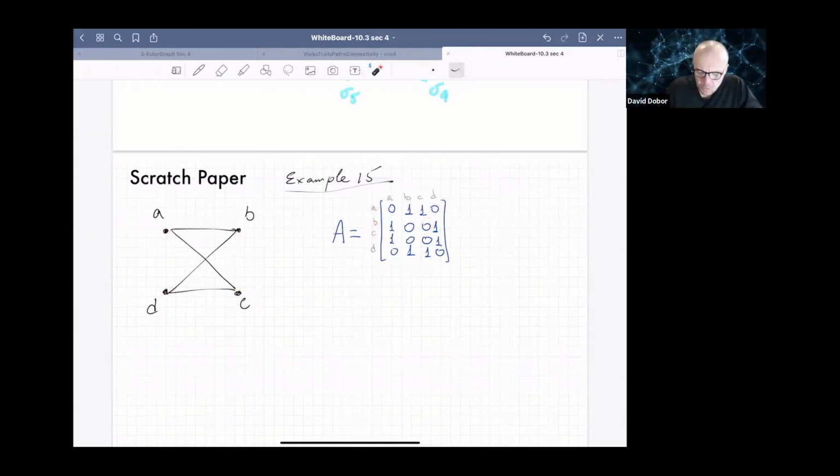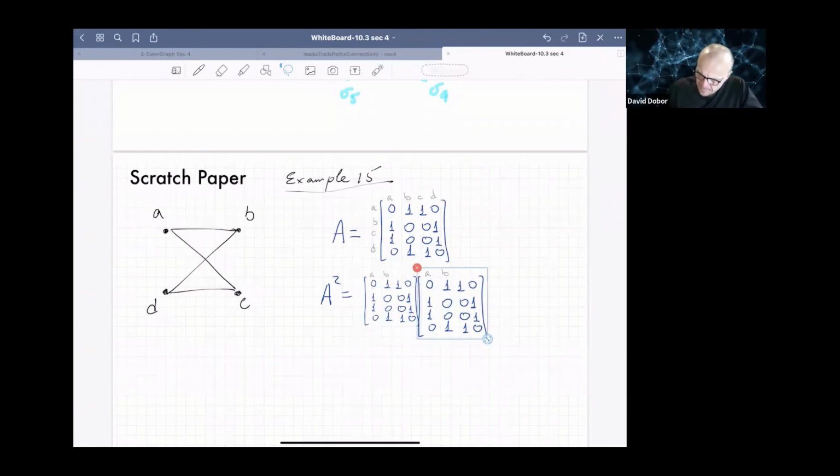That's an old story. Now let's see what A squared is. This should take us a second to compute. A squared is going to be that times that. What's the result? Help me out.